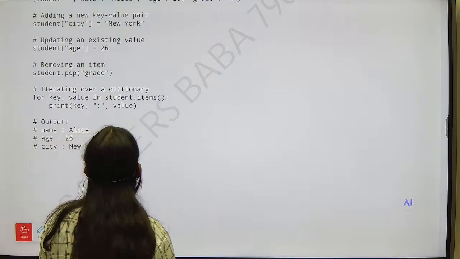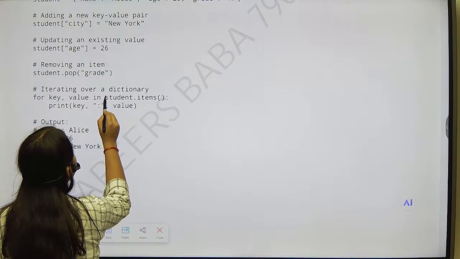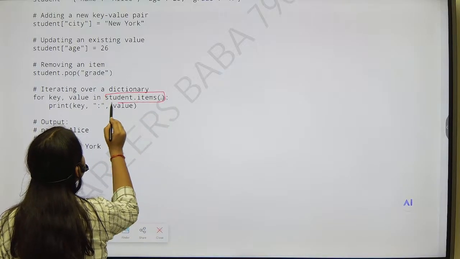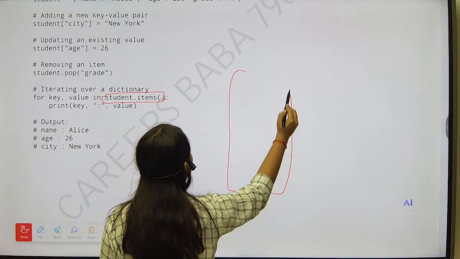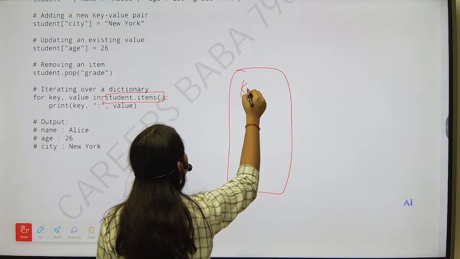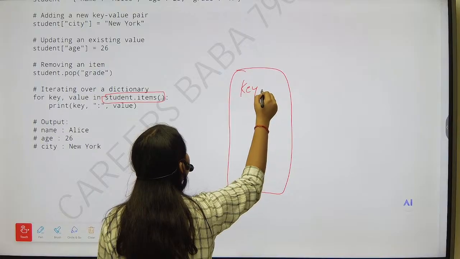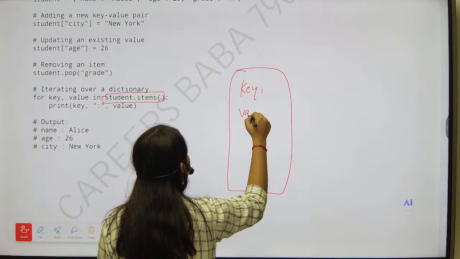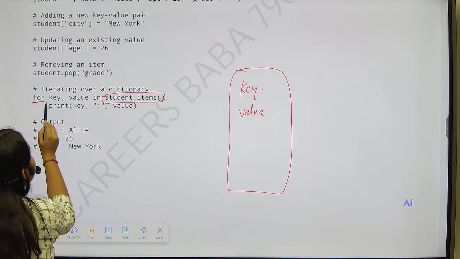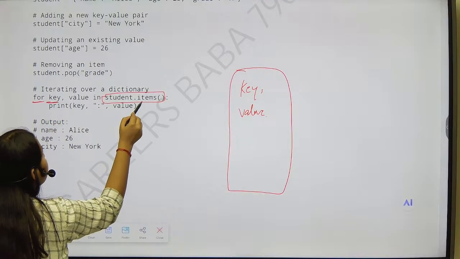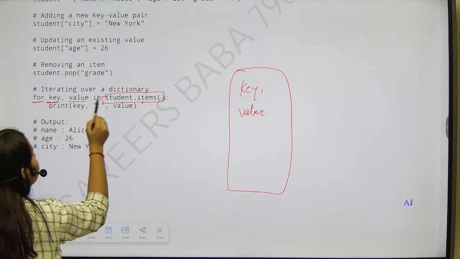Now try to understand: this is containing all the keys and values, and we are iterating using a for loop. The key is taken from this key and value pair, and the value is taken from this.